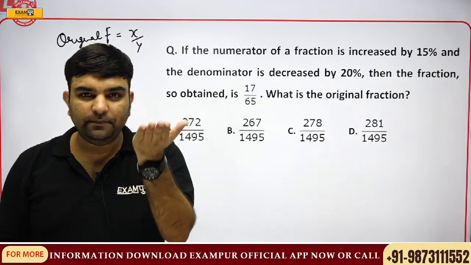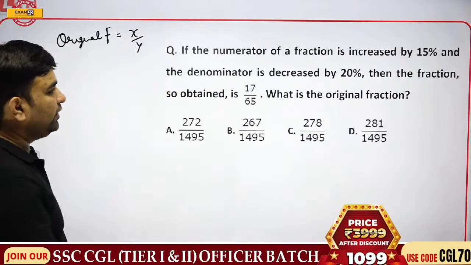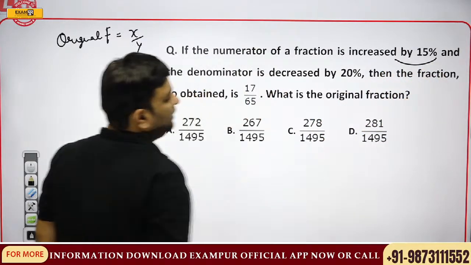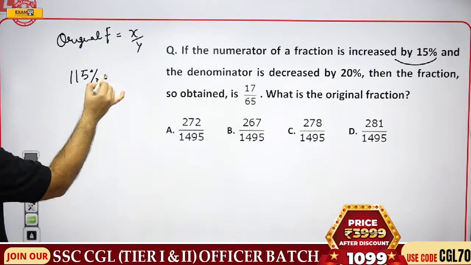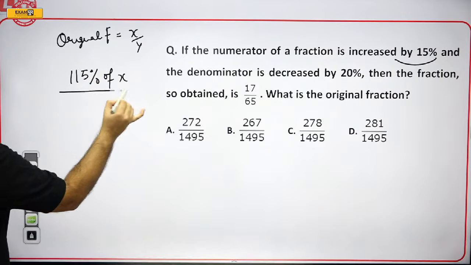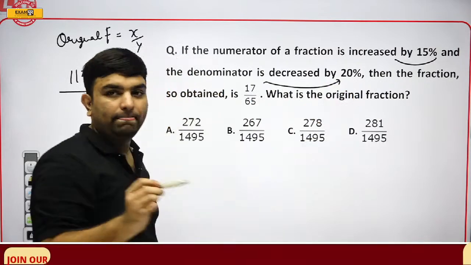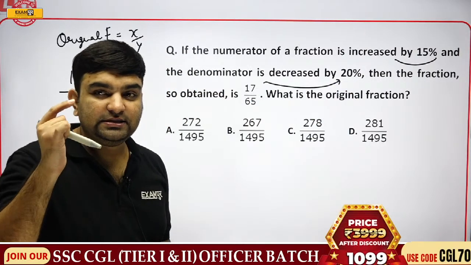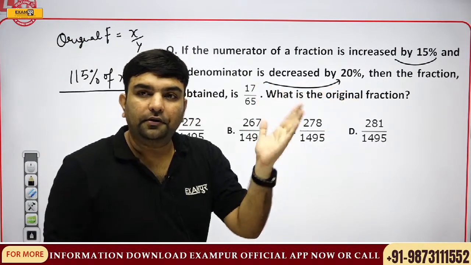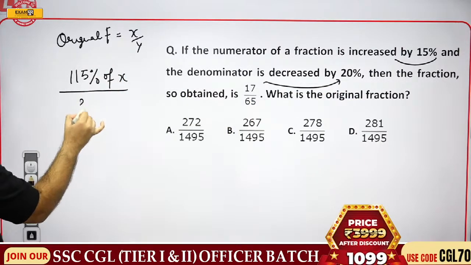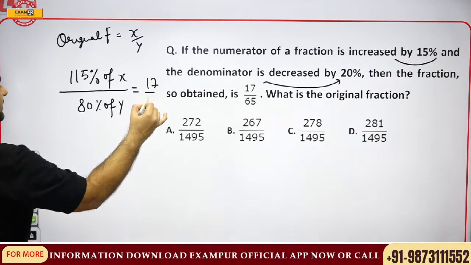So if you are increasing by 15%, it is now becoming 115% of itself. Denominator is decreasing by 20%. Percentage change is always over 100, na? Decreasing by 20, 100 minus 20, remaining 80% of itself, is equal to 17 by 65.